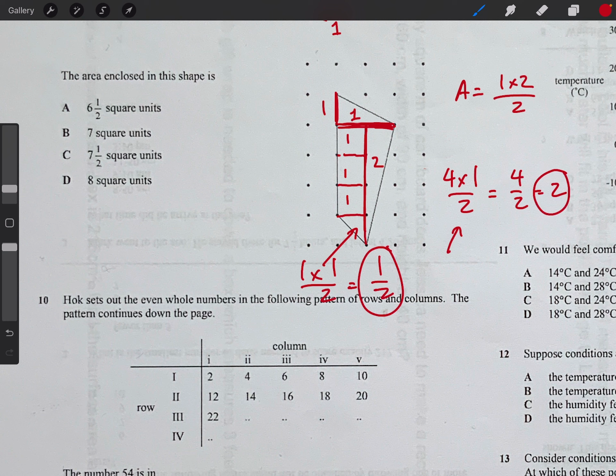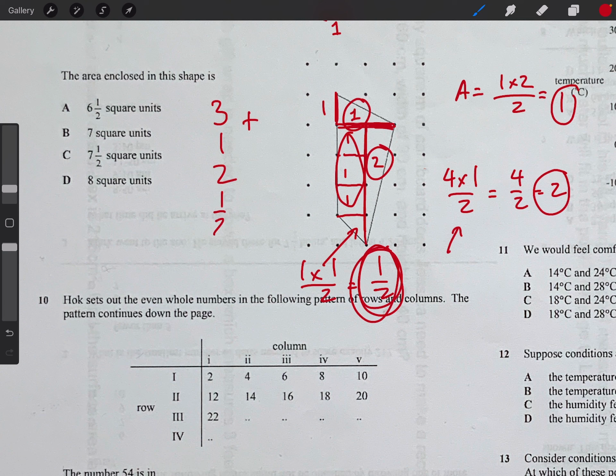So you got a half, 2, and this one is 1. The total area is 3 here, plus 1 here, a 2 here, and a half here. Let's add them all up: 3 plus 3 is 6, 6.5. So the answer is A.